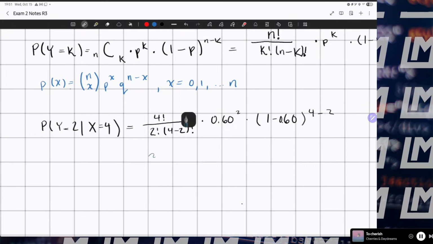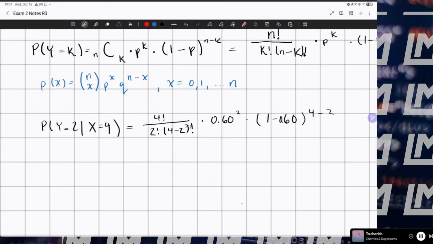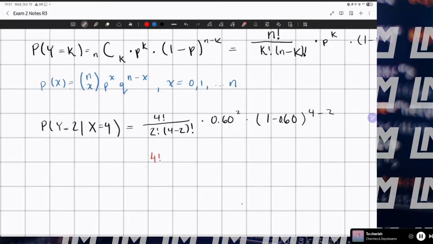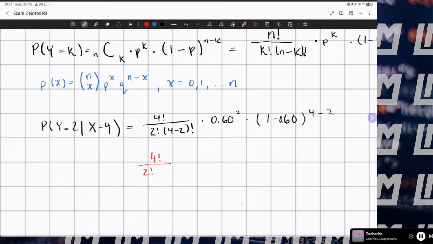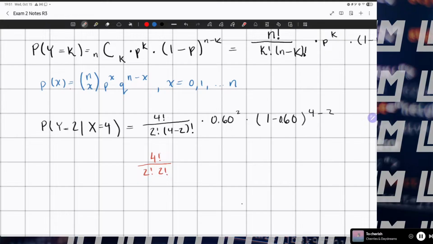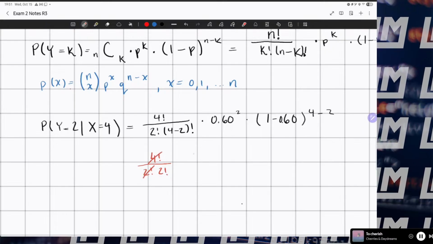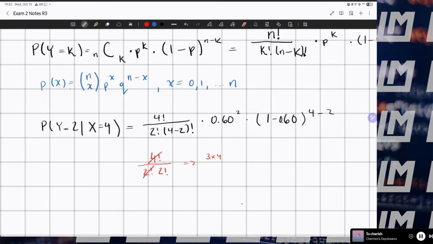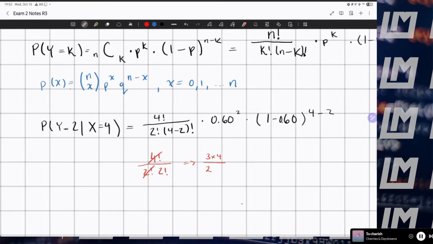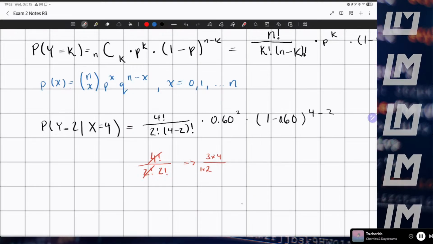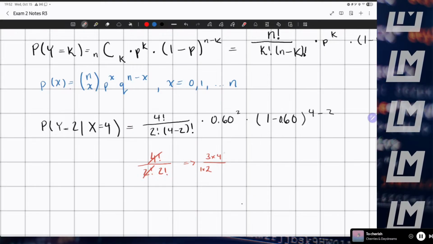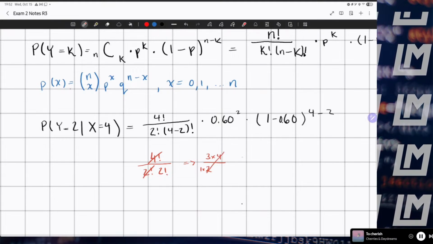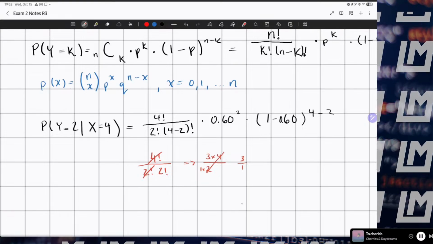If we just focus on this portion right here, this is 4 factorial over 2 factorial times 2 factorial, which turns into 3 times 4. Now you have the 2 factorial, which is 1 times 2, and 2 fits into 4 twice, so then it's 3 over 1.